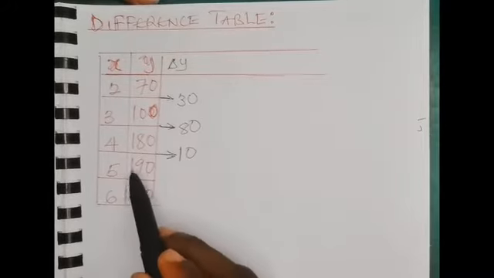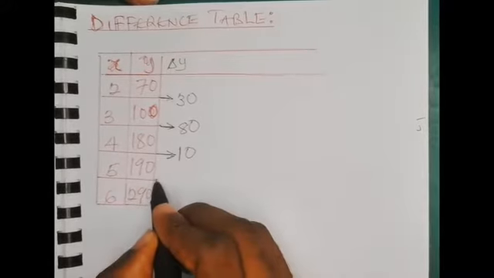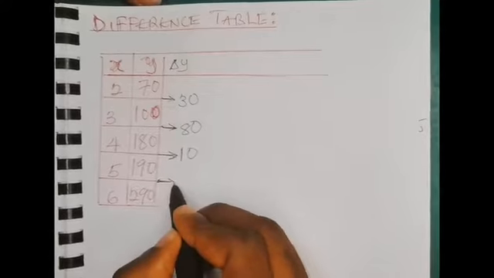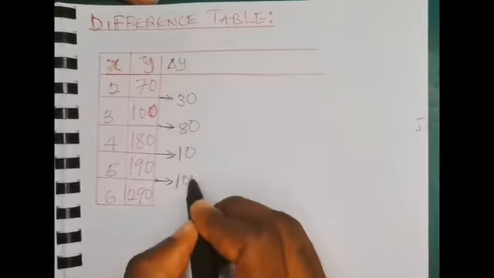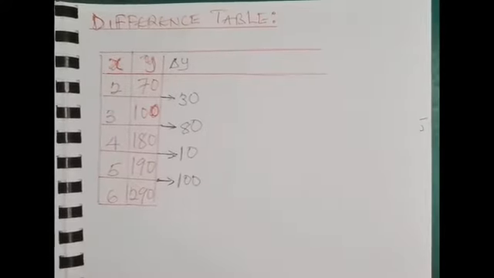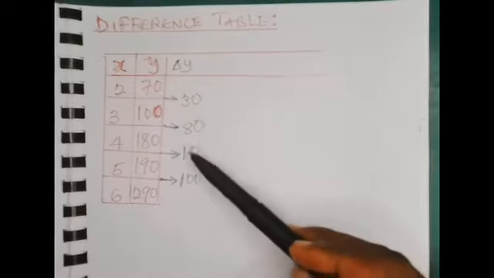Next is 290 minus 190, that simply gives us 100. Okay, so that's our first difference. So you do this until the difference values remain only 1. Since we have 1, 2, 3, 4, we keep on subtracting until it remains 1.